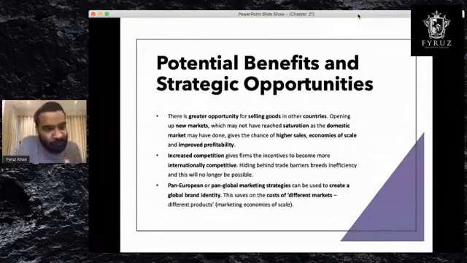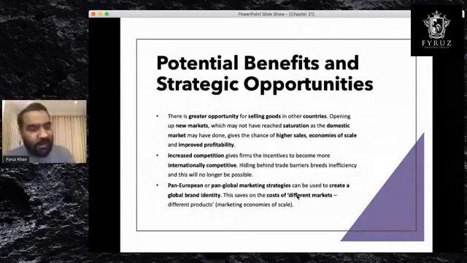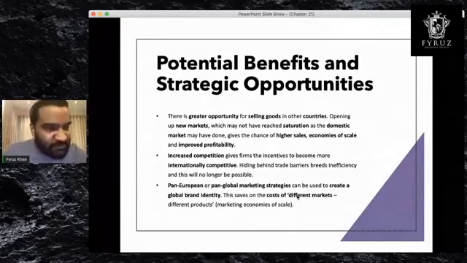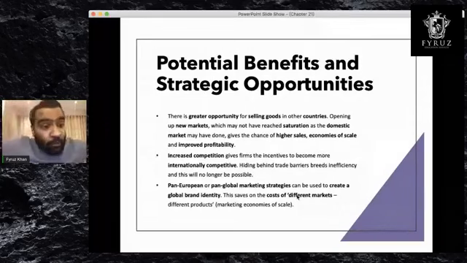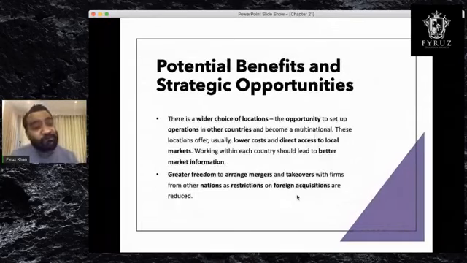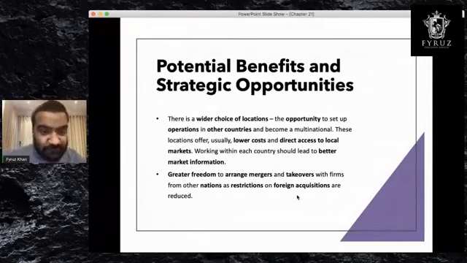You will make better products, and you will have different kinds of economies of scale. You will enjoy lower costs because you're producing more. Then you have more opportunities, a wider choice of location. You can choose a location because of the labor, because of the skills, or because of lower cost. And you have access to global companies.